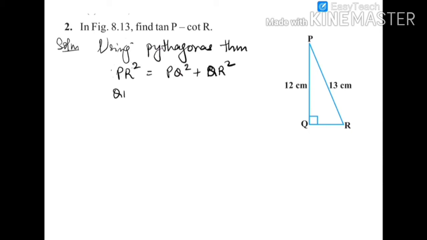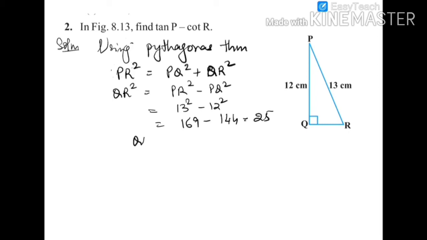So when we rearrange this, QR square is equal to PR square minus PQ square, which is 13 square minus 12 square, 169 minus 144, which is 25, and QR therefore is 5 centimeters.